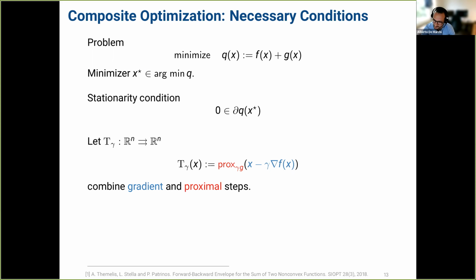Then we get a point, and we take the proximal point of this, again with step size gamma. We say that a point x star is critical for this problem if x star is a fixed point of this operator for some positive gamma. This criticality condition is slightly stronger than stationarity and is also necessary for optimality of x star.